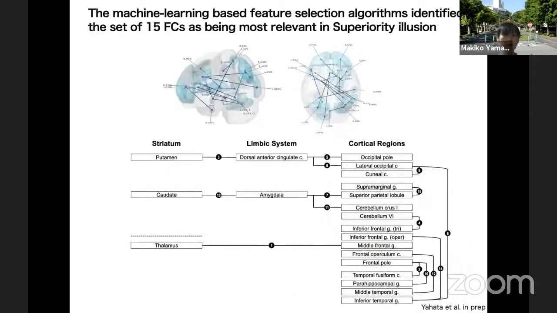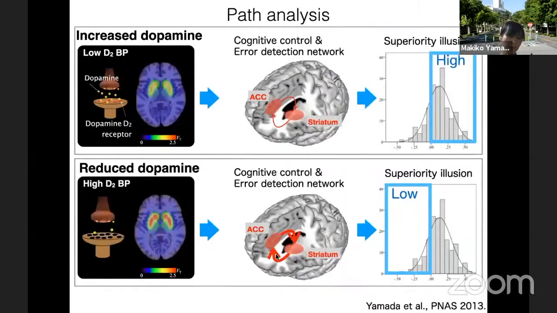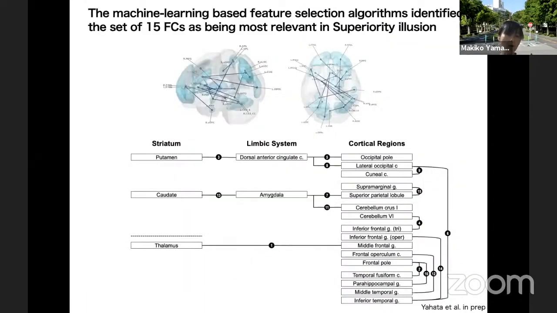This is more about the specific brain network, but then we conducted a whole brain network analysis to see which brain networks or functional connectivities are indeed associated with superiority illusion.